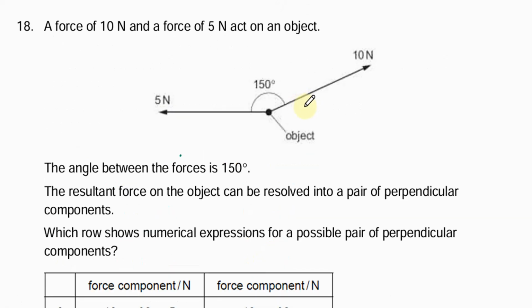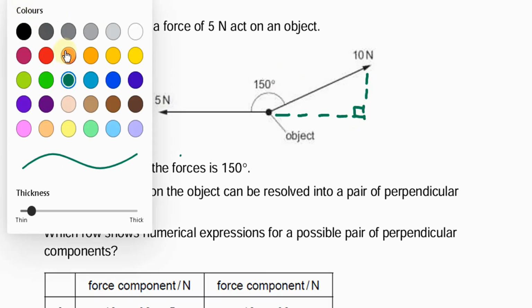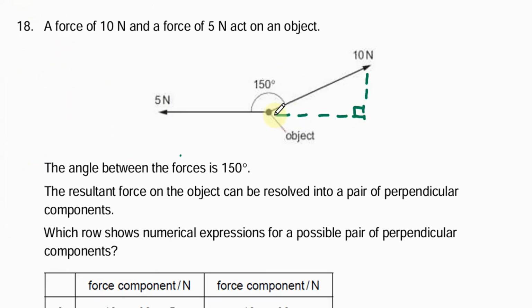Let's start by resolving these two vectors into their components, into horizontal and vertical components. We can start with a 10 Newton force. So we have the horizontal component here.